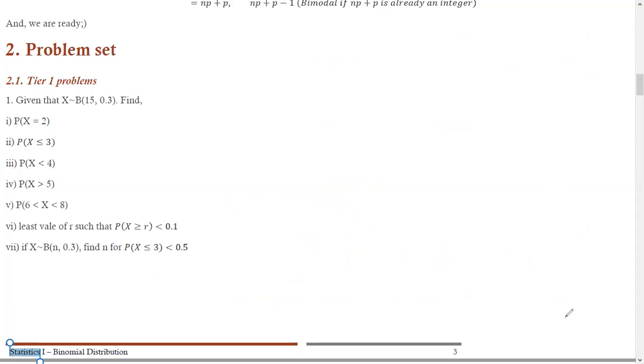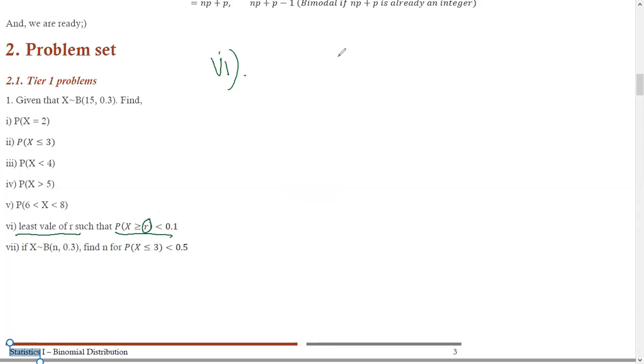Then next, moving on to part 6. There can be a question where I ask you about the least value of r such that P(X ≥ r) must be less than 0.1. What they are looking for here is actually your r value. So how do we do this?